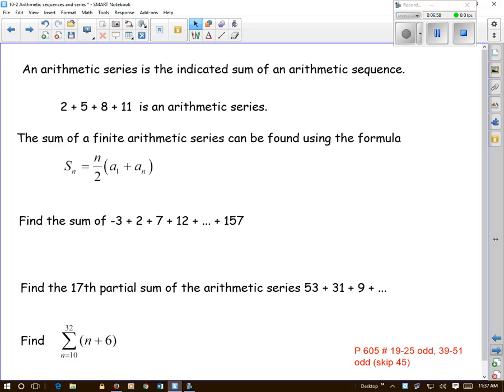If we have 2 plus 5 plus 8 plus 11, that's an arithmetic series, because we have an arithmetic sequence, adding 3 each time, and then adding them together makes it a series. Now here we see what you saw in the homework, this S sub n. They didn't really talk about that before. S sub n is the sum of an arithmetic series. It is n over 2 times the quantity a1 plus an. Yes?